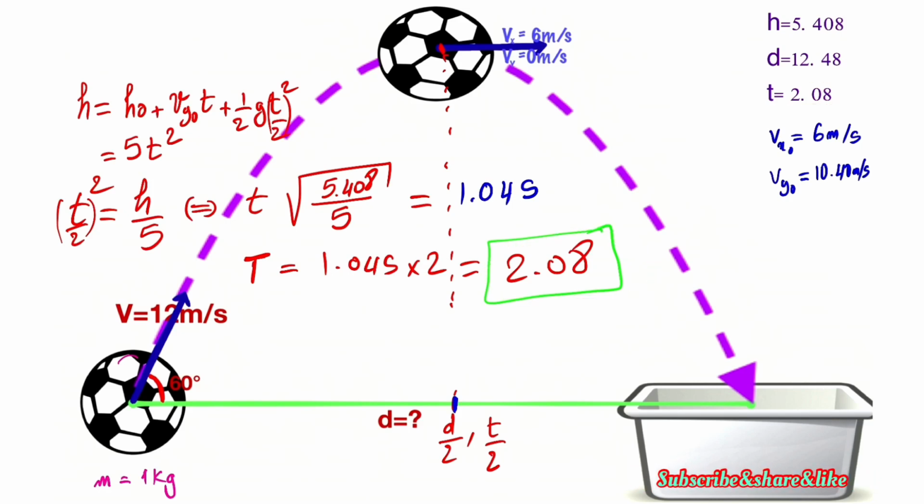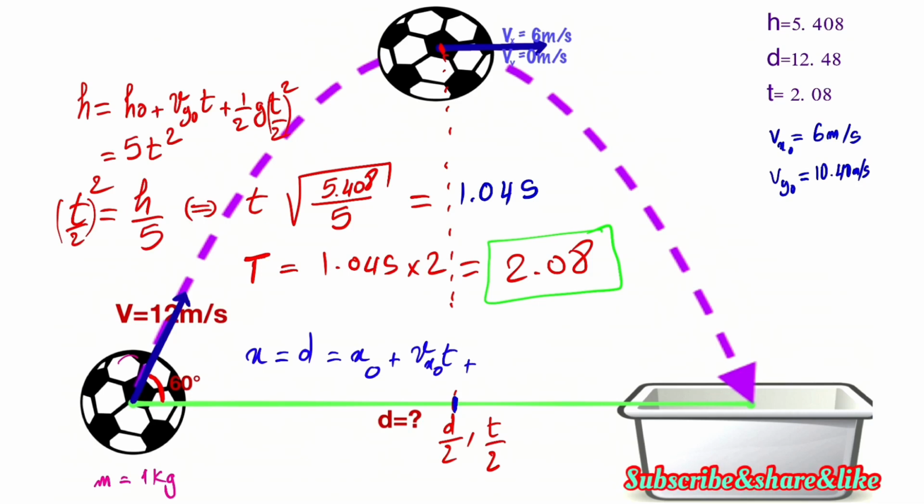And here we get the same results even though we are assuming stuff. Acceleration on the x-axis is just 0, there is no acceleration, and the velocity is constant here. So x, the distance, is equal to d, and it equals x0, which is 0, plus vx0 t plus 1 over 2 a t squared.